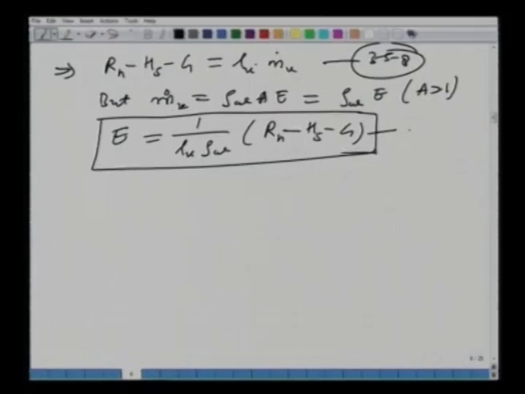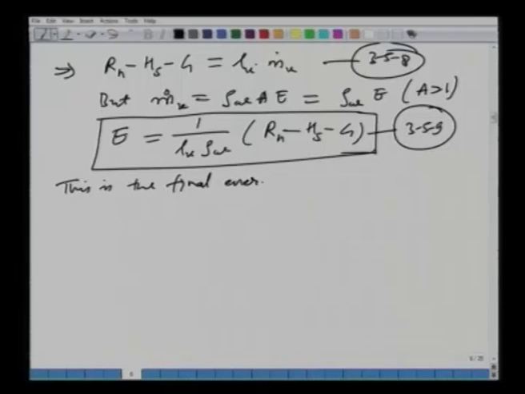So, let me say that this is 3.5.9. This is the final energy balance equation for evaporation.